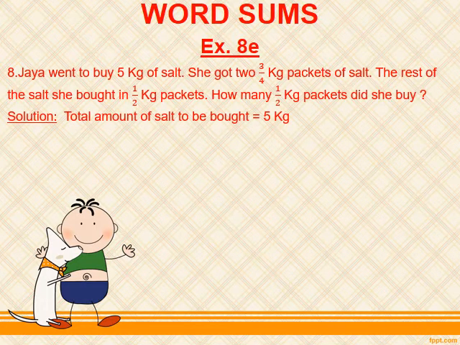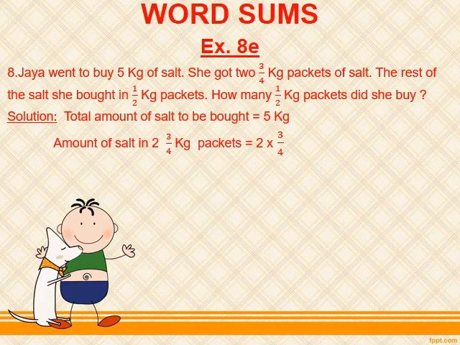Total amount of salt to be bought is equal to 5 kg, as it is given in the question. Amount of salt in 2 packets of 3 by 4 kg is equal to 2 multiplied by 3 by 4. And children, we can divide the numerator 2 and the denominator 4 by the common number 2.